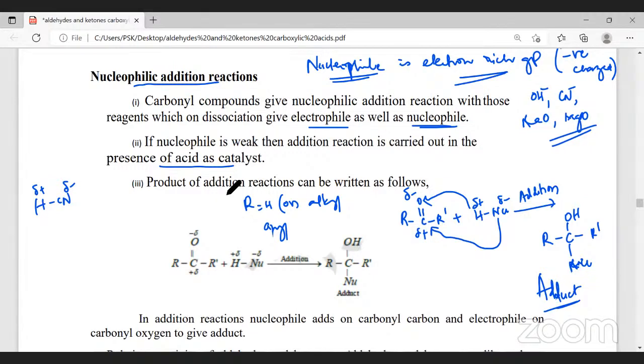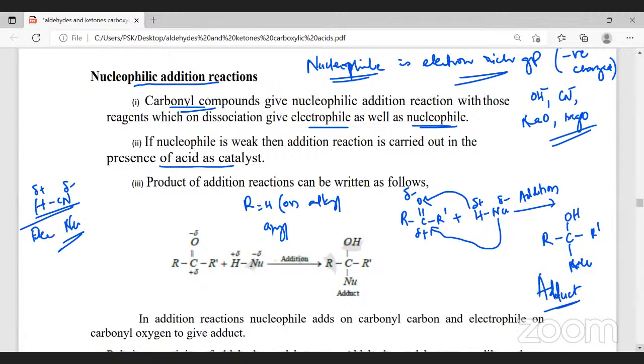I hope you understood the nucleophilic addition reaction. Any molecule which will dissociate to give a positive and negative ion will give an electrophile and a nucleophile. This H plus is an electrophile and CN minus here is a nucleophile. Only those molecules which dissociate to give an electrophile and nucleophile will get added on to carbonyl compounds to form an addition product.